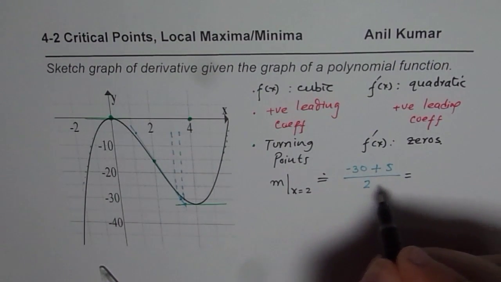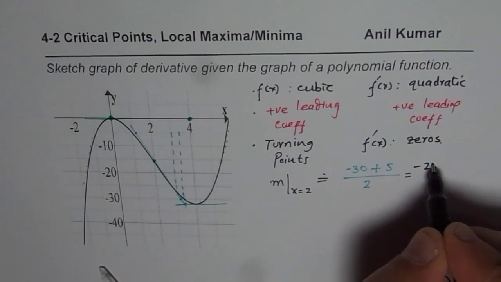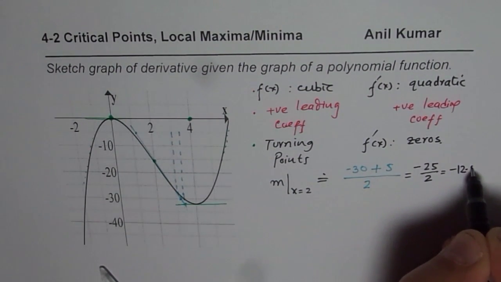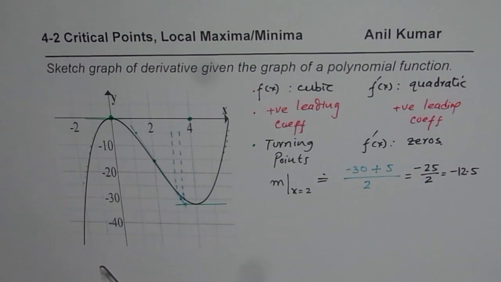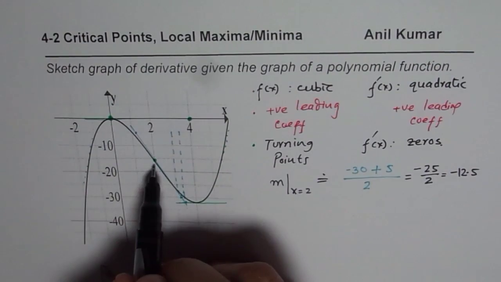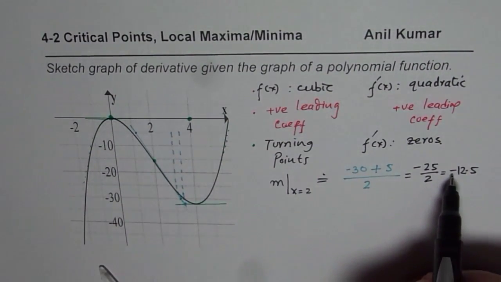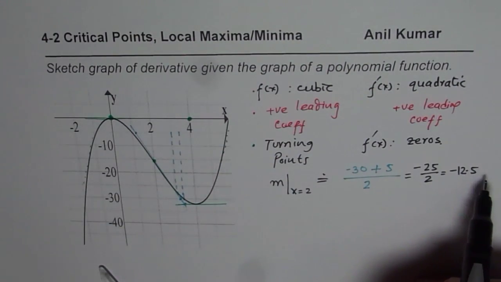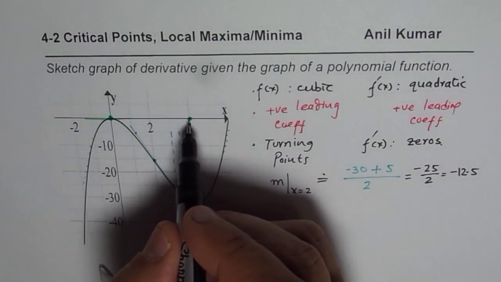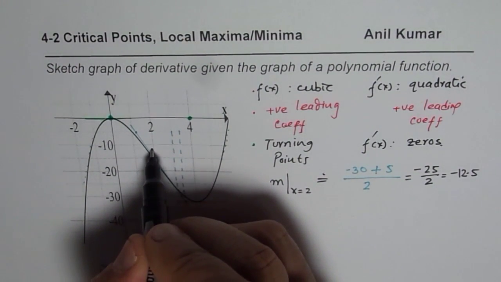That gives us around -25 divided by 2, which is -12.5. So the minimum value for the parabola is -12.5. Approximately, the derivative of this function will have a minimum at 2 whose value will be around -12.5.